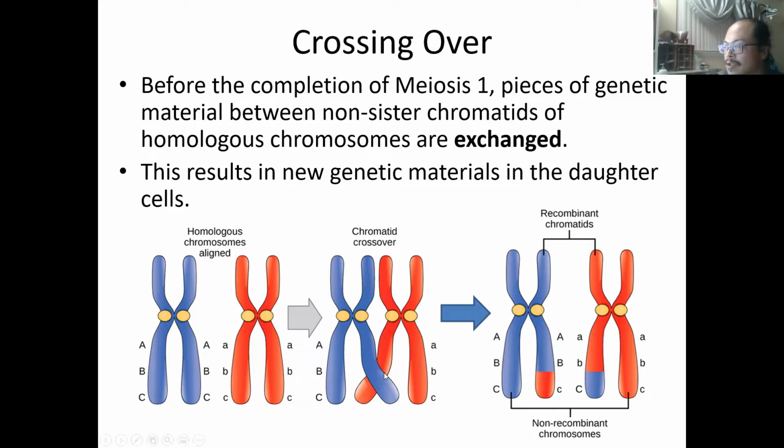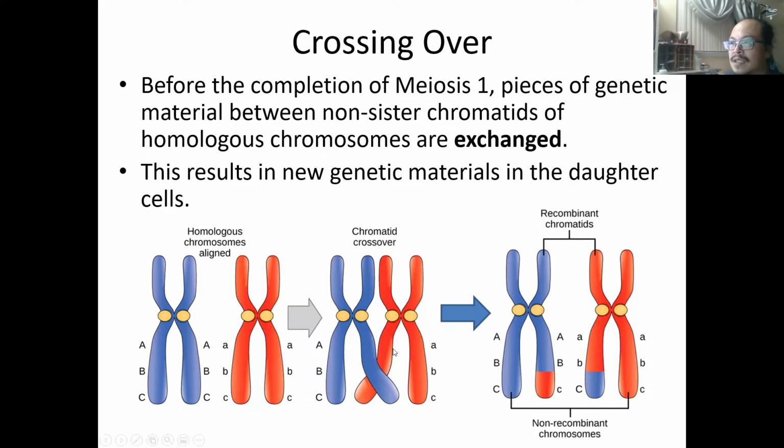So these homologous pairs will get exchanged, and we will end up with a chromosome like this. And then if you divide it further, you have one daughter cell completely blue, one daughter cell largely blue but a little bit red, one daughter cell largely red but a little bit blue, and one daughter cell completely red. So you will have four totally different daughter cells after the meiosis.